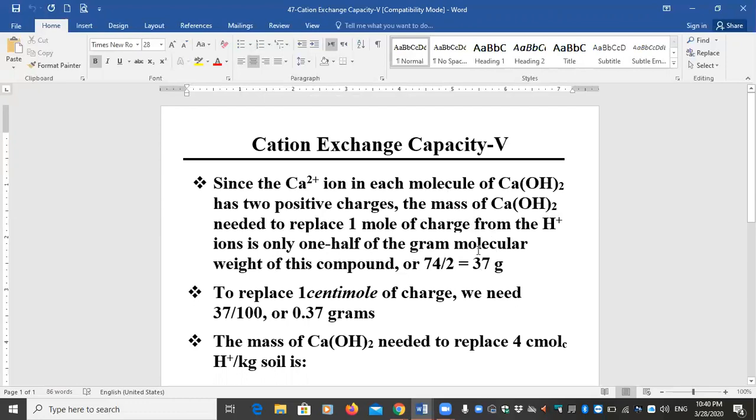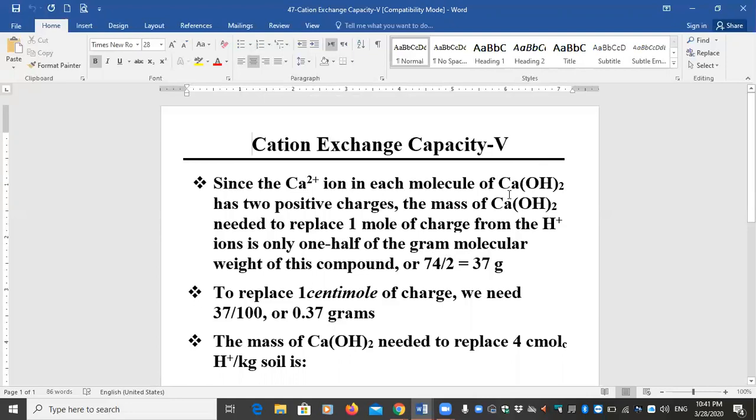So I'll repeat it in a different way and slowly again. If you take this compound, calcium hydroxide, and calculate the molecular weight of it, you will find it's 74. So 74 is the molecular weight. If I take 74 grams, it will give us 1 mole of this molecule.